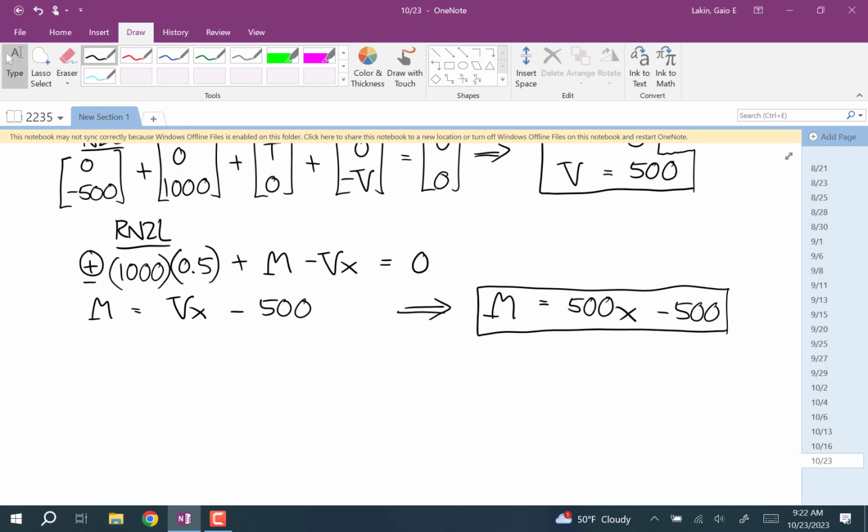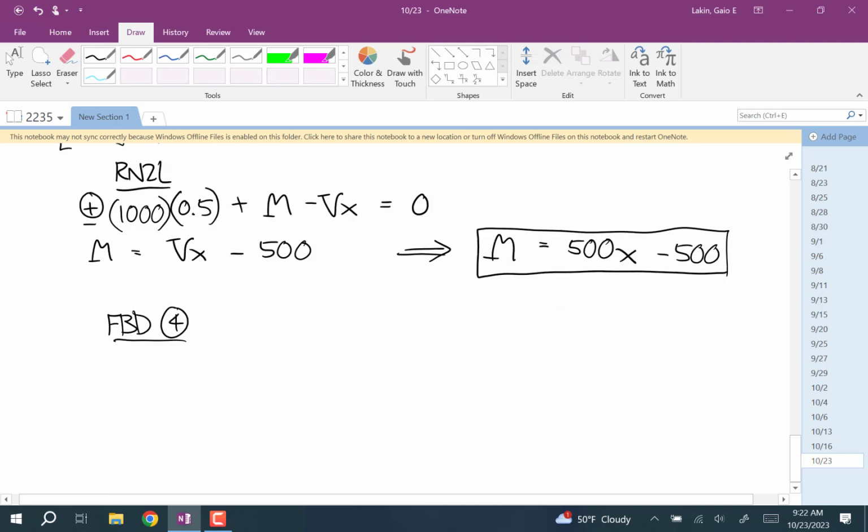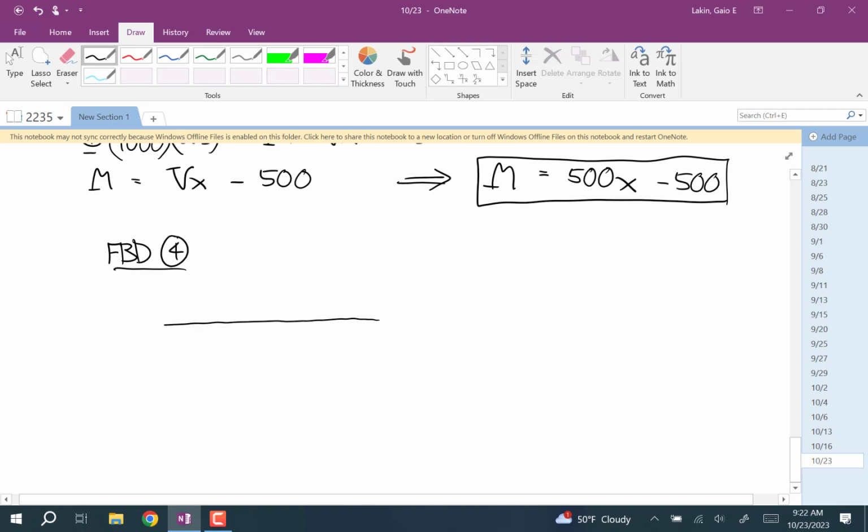And let's do the same thing for 4. So this time we're almost including the whole thing. We're leaving off this much. That means that we're leaving off that 500 at the right end. But we do have the 500 at the left end. We do have the 1,000 at the middle. And we do have the internal loads.